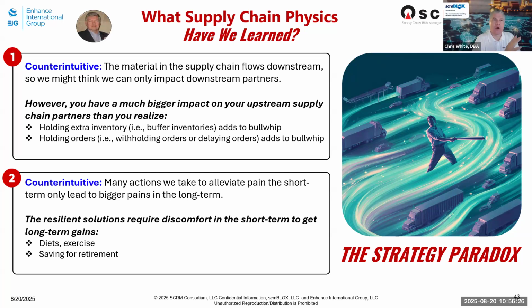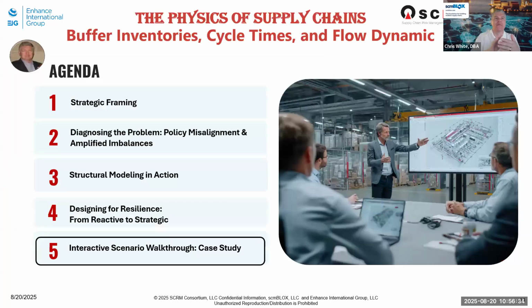In a previous webinar, we were looking specifically at disruptions in the supply chain, and the deeper in the supply chain, tier one, tier two, tier three, the deeper that disruption is, the less it has an impact on the OEM, because every company between that disruption and the OEM acts as a buffer.